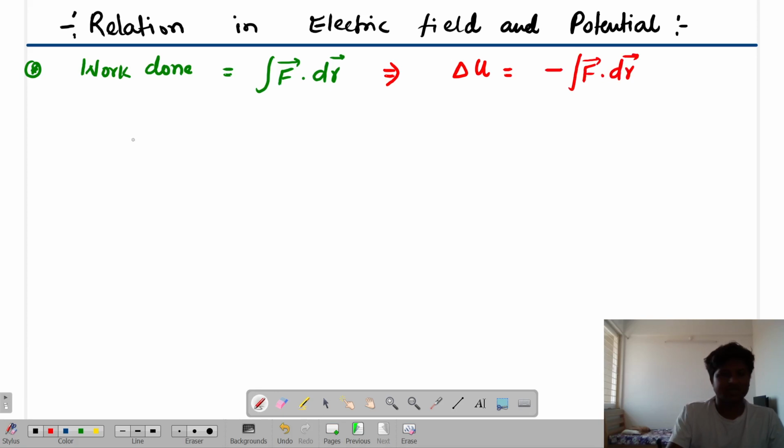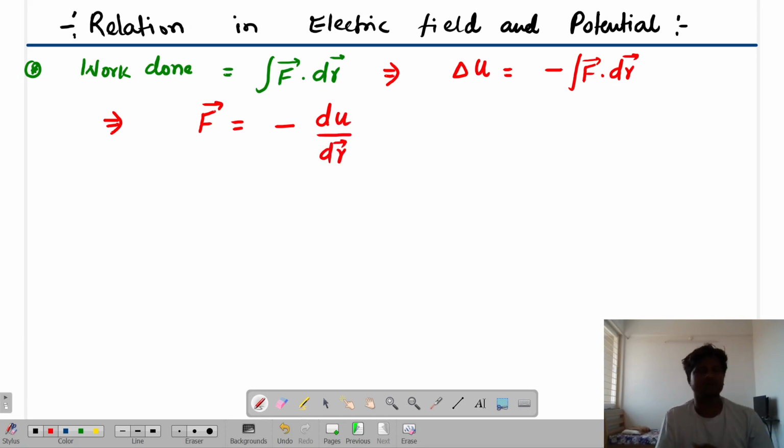So this means that for conservative forces, we know that force can be written as minus of du by dr, or not. If I just bring this dr to this side. Actually, see, potential is a scalar quantity and r is a vector quantity. So this is denoted by minus ∇U.